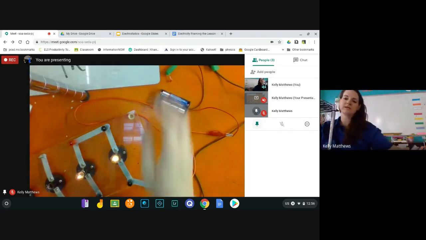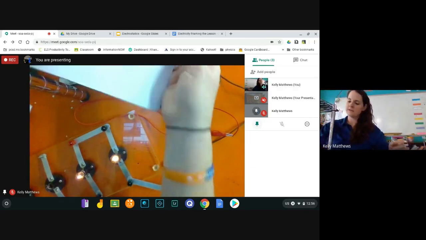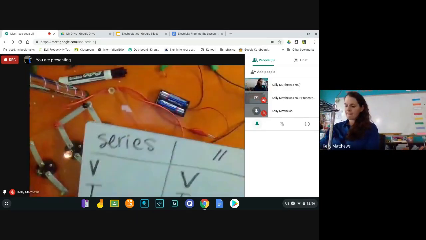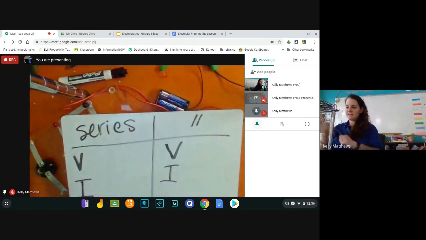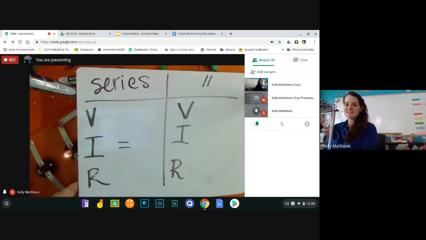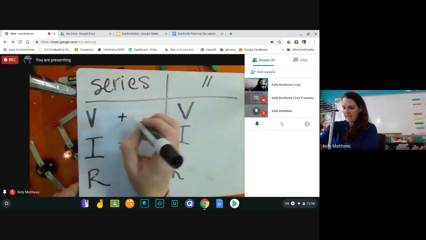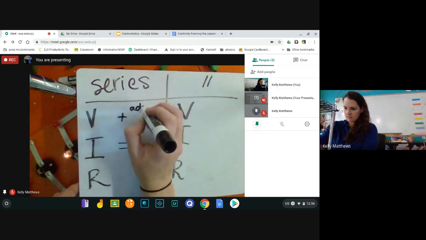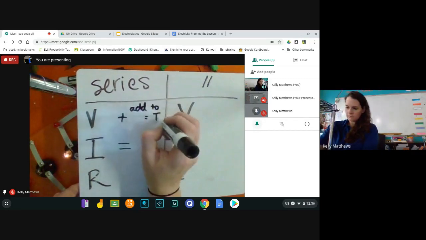So we'll go ahead and look at a series circuit problem, just saying that in a series, since there's only one path for current to travel, current is the same in every part. So the voltages have to add to equal the total.